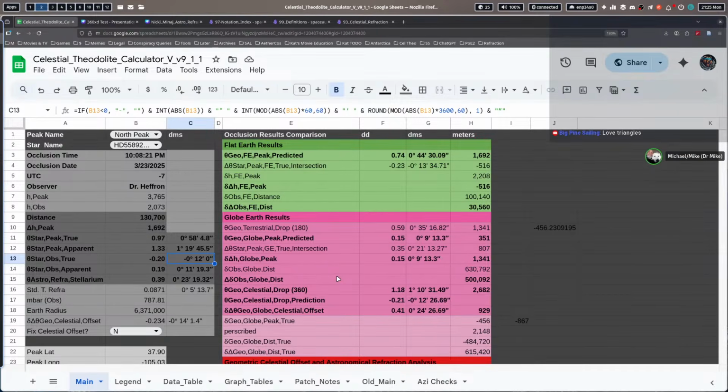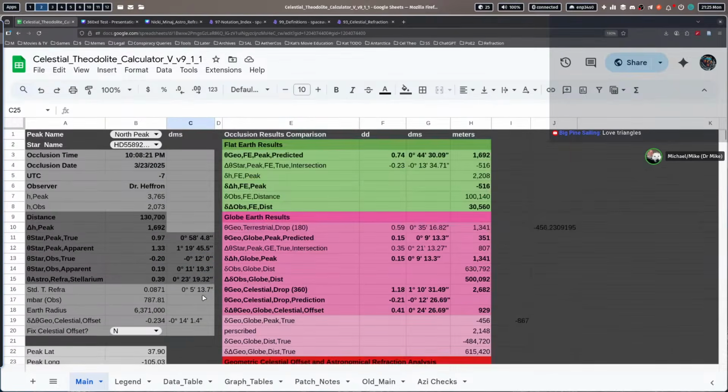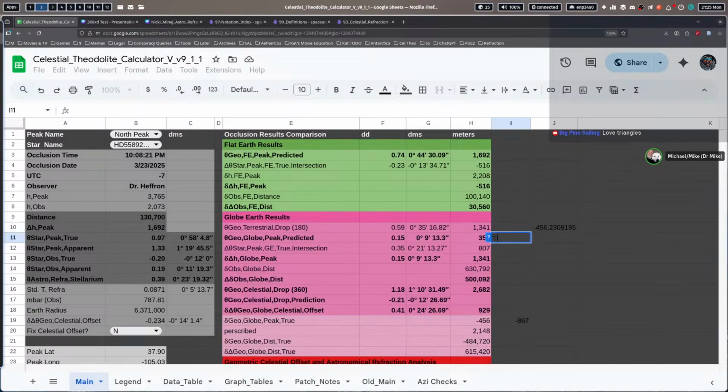When you do that, you come up with the same delta H for the peak as you do from the observer's location. That's very significant because it means we're all dealing with a common error, which is the difference between the observation and the prediction. It's the same error in meters for each peak, each star, regardless of whether that's observed from the peak or from the observer's location.